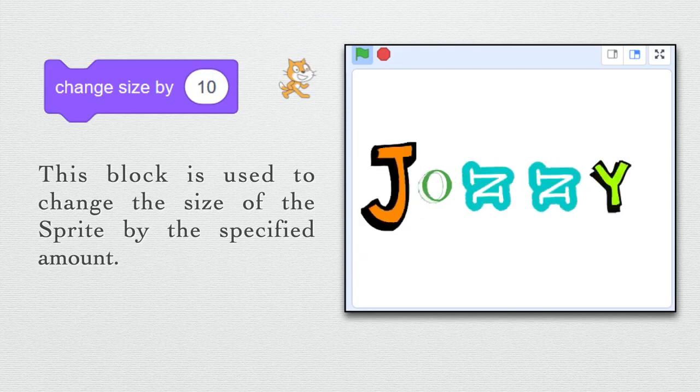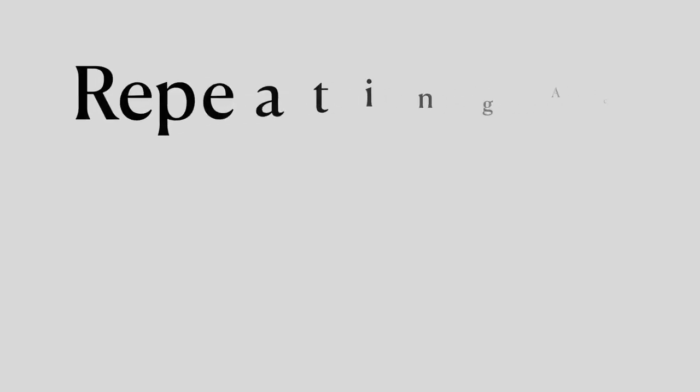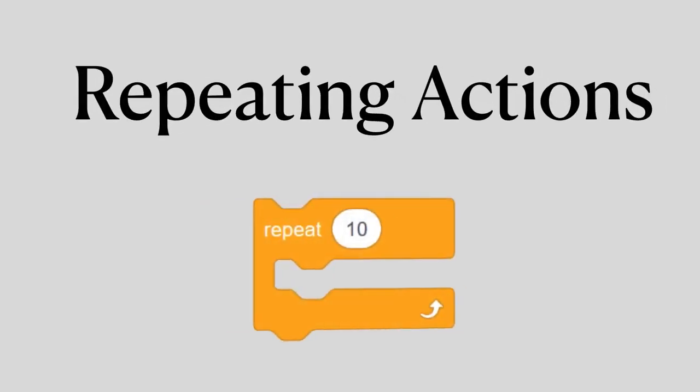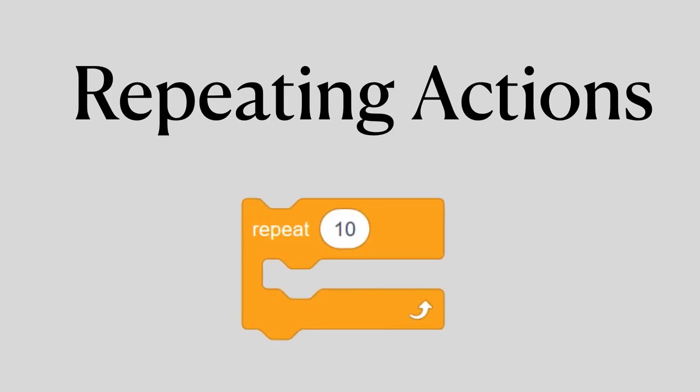by 10 points. Kids, after that we have also learnt about repeating actions, how repeat instructions helps in controlling the execution of the program. We learned that you can repeat the actions of the sprite as many times as needed.